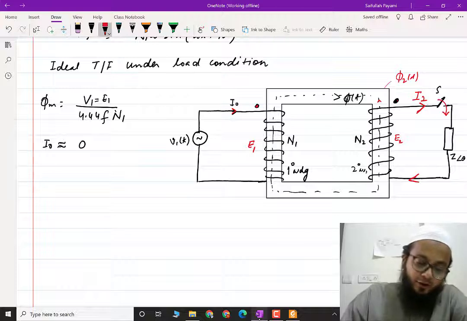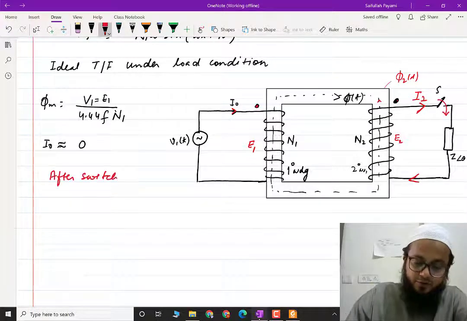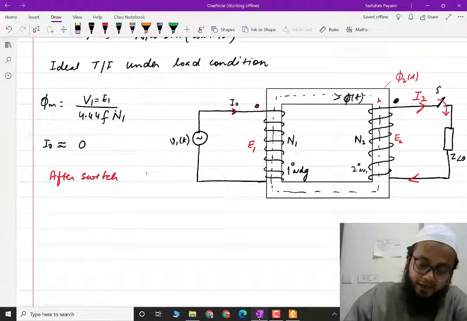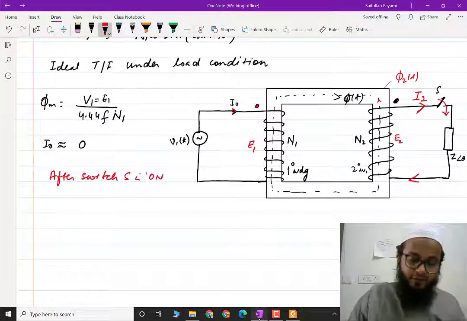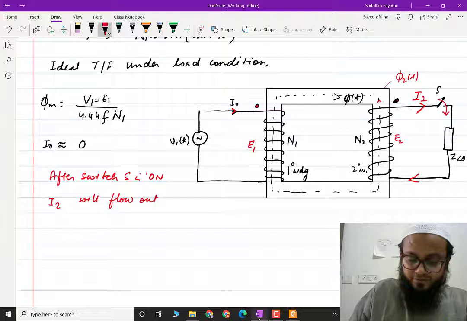After switch S is on, I2 will flow out of the secondary winding.